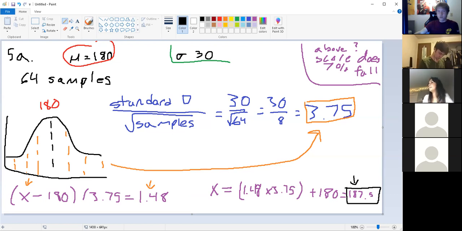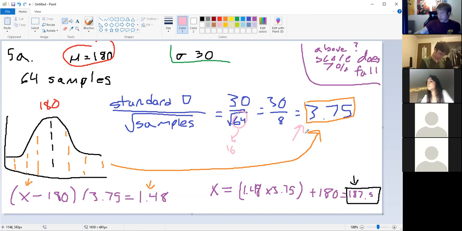Is 5B the same thing? Yeah, 5B is going to be the same thing, but you have to redo both of the parts because instead of it being 64 samples, let's do a different color here, instead of it being 64 samples, it's 16.